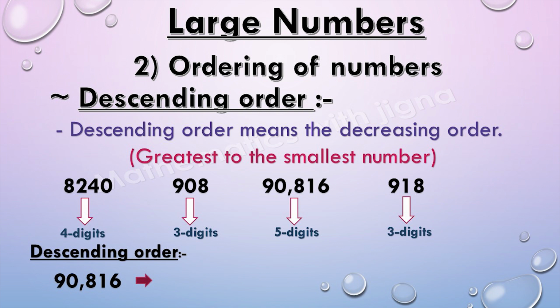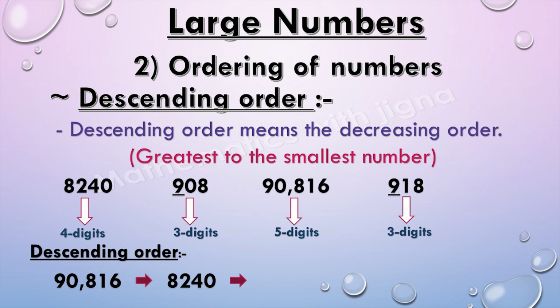So, write 90,816 first. Then, the first number has 4 digits. So, the next smaller number is 8,240. Then, here the second and fourth numbers are both 3-digit numbers. So, we compare each digit of those numbers.